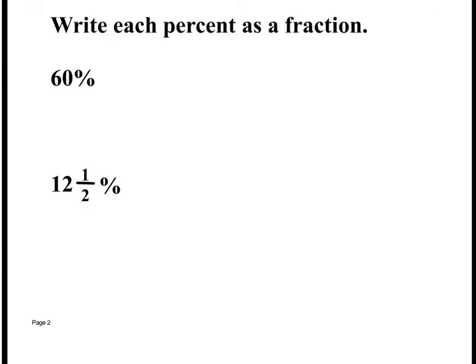Write this down. All right, so part of what you're going to be asked to do today is write a percent as a fraction. 60%. If it's an integer, any number without a decimal or fraction, the easiest thing to do is write the number they give you over 100.